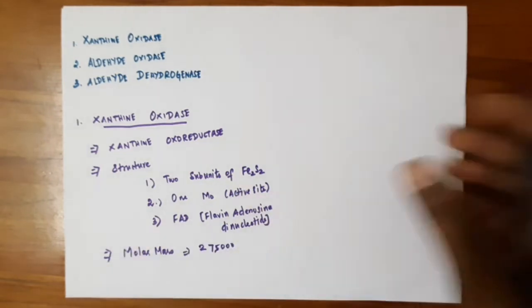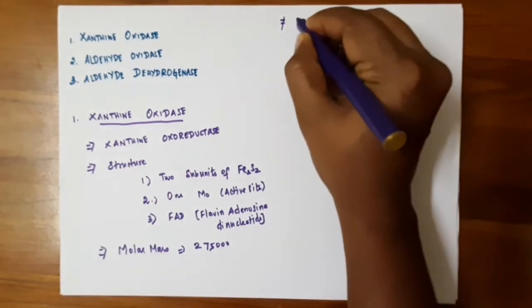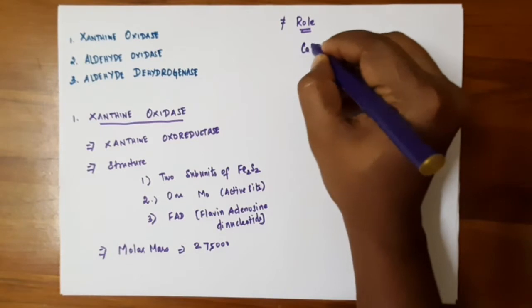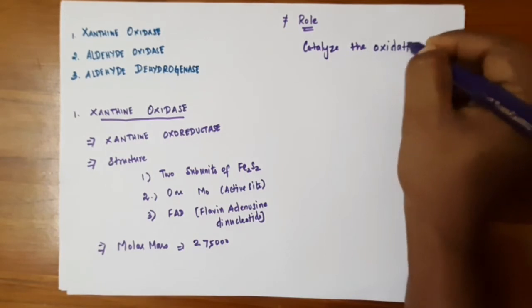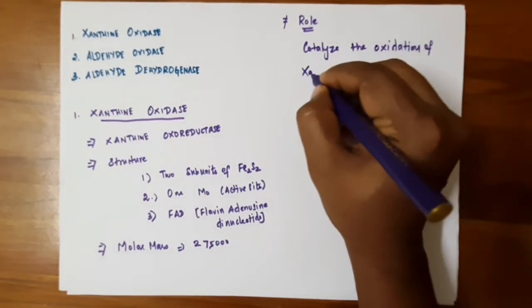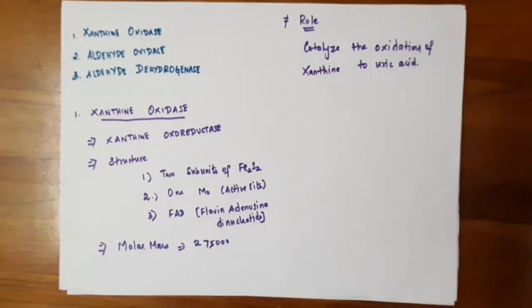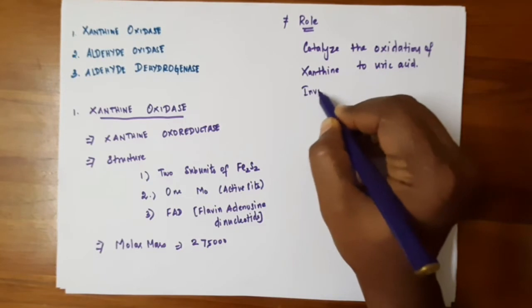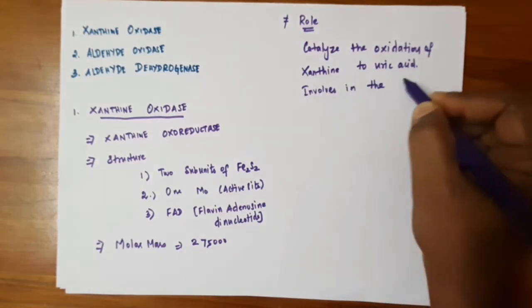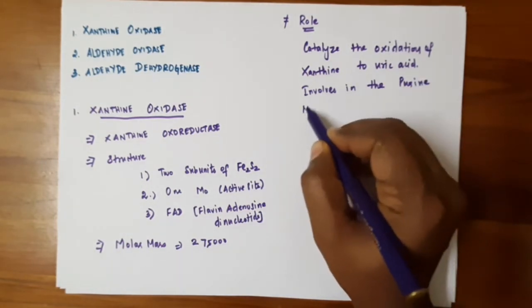The role of xanthine oxidase is that it catalyzes the oxidation of xanthine to uric acid, and it is involved in purine metabolism.